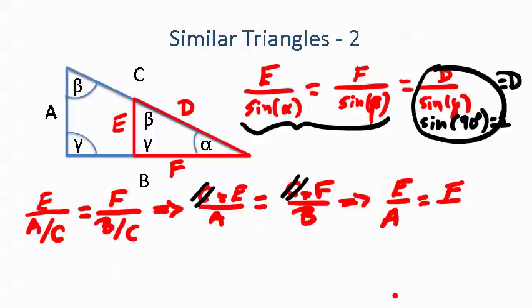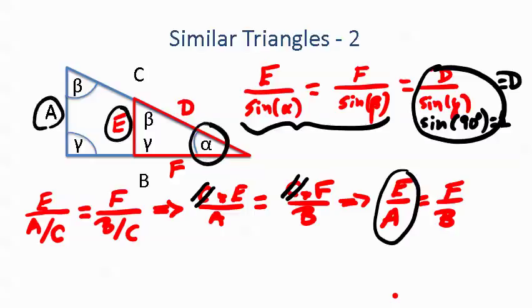E over A equals F over B. So if we look at this result a little more carefully, we observe that E over A is the ratio of the two sides that are opposite to angle alpha.